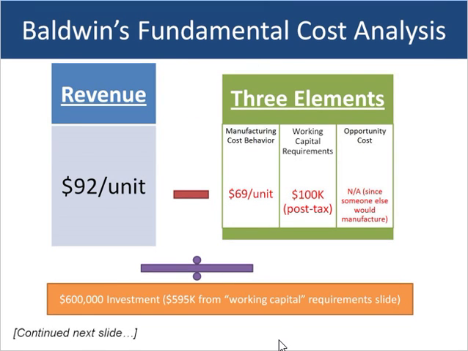What we have done is you have a revenue, and the assumption that they have taken is it's going to take Baldwin about $92 to sell these Challenger bikes. Now you have $69 per unit in manufacturing cost. Then you have a working capital requirement of about $100,000.